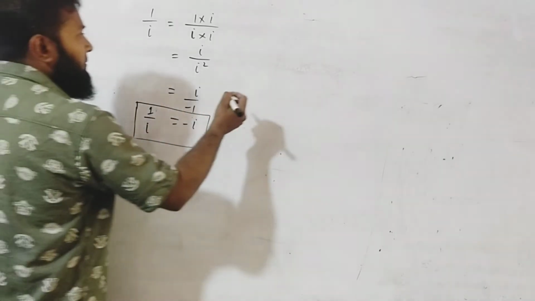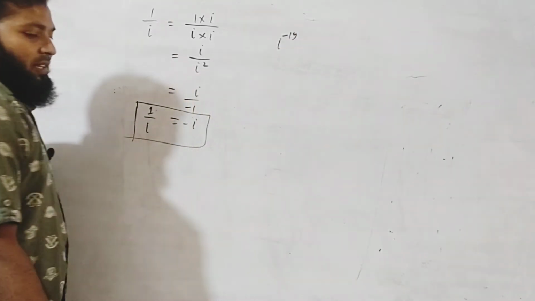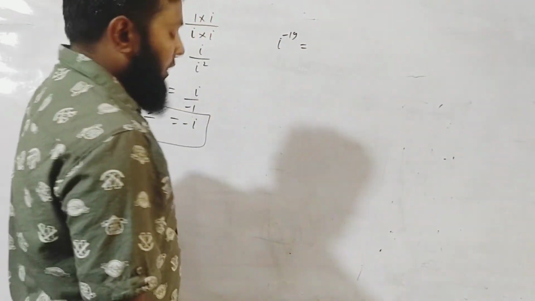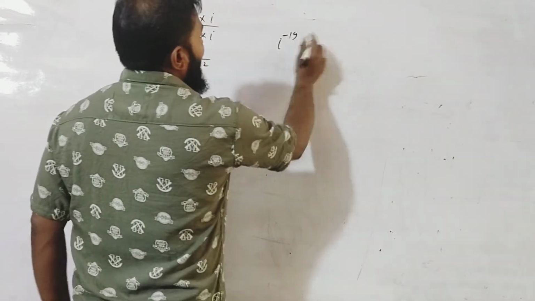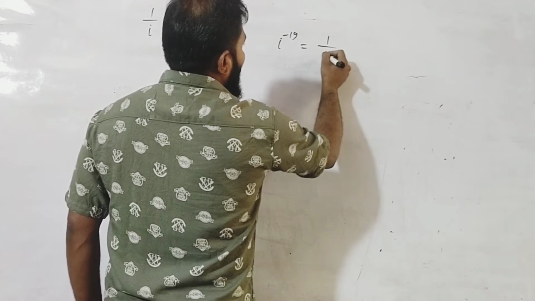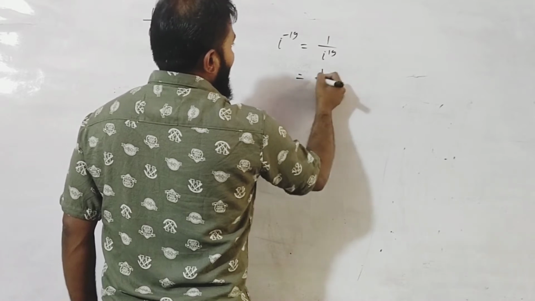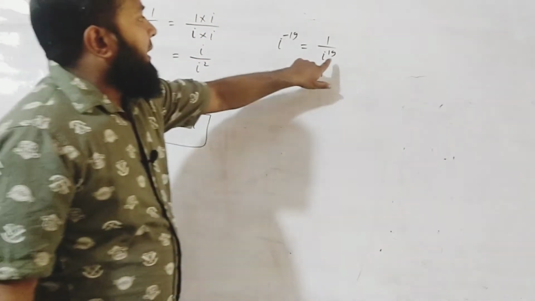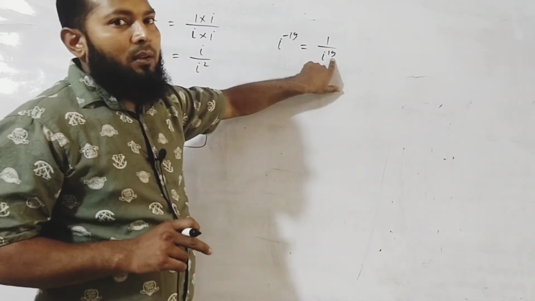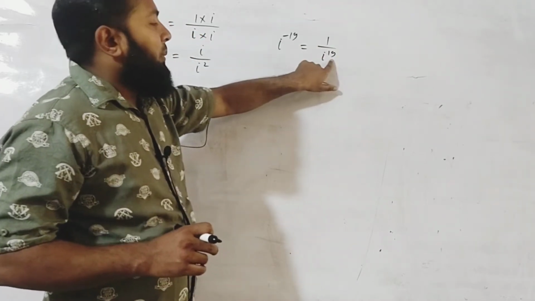Now, if we want to simplify i raised to the power -19, what will we do here? First of all, this can be written in the denominator as 1 upon i raised to the power 19, and here we have to divide the power of iota by 4 and check how much remainder is left. The remainder is 3.